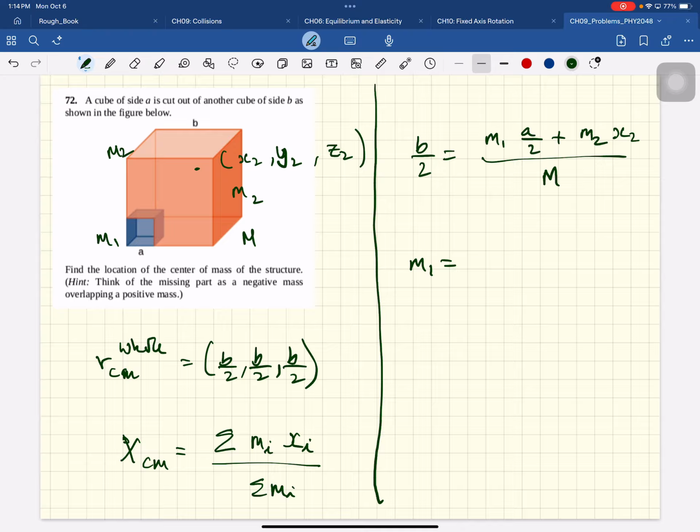Before we do that, let's find M1 and M2. What is M1? M1 would be the mass of this piece. If the total mass is M, the mass of M1 is the fractional volume. So M1 would be A cubed divided by B cubed times M. And what would M2 be?